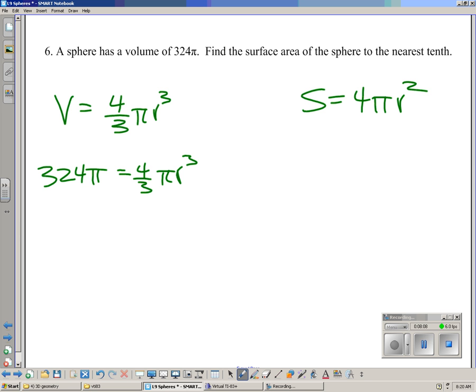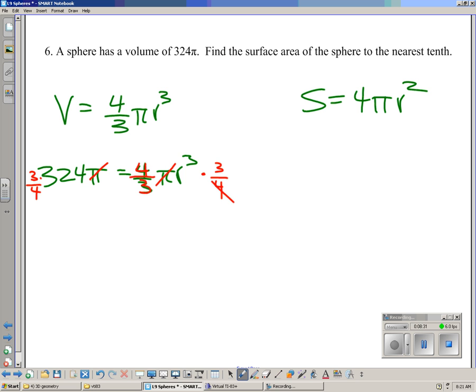So first things first, we need to get r cubed by itself. So a couple of things you can do here. First of all, if you divide both sides by pi, the pi's will cancel. So I'm going to do that automatically. The second thing we can do is, if I want to get rid of a fraction being multiplied, one thing we can do very easily is multiply by its reciprocal, which is 3/4.